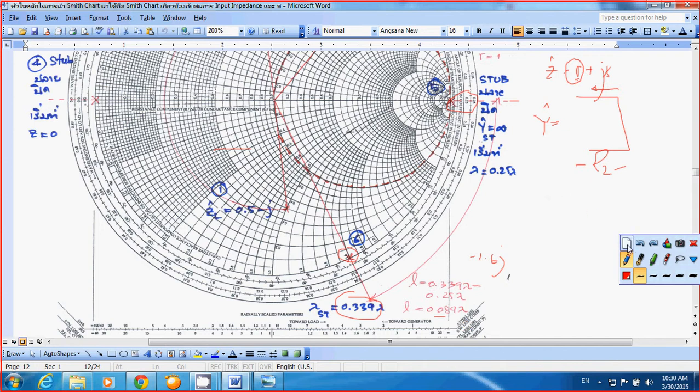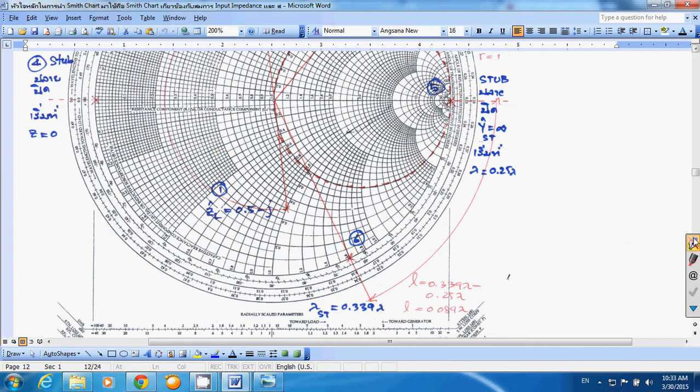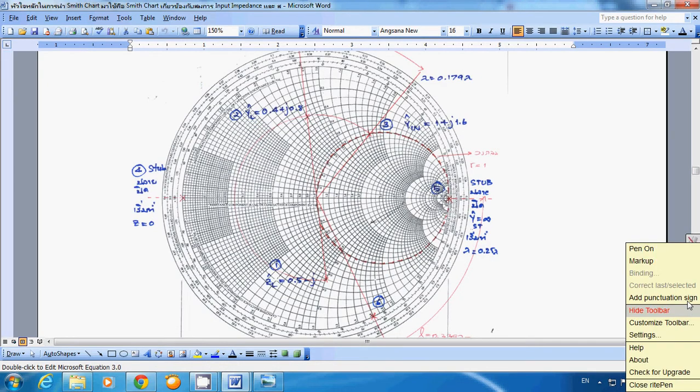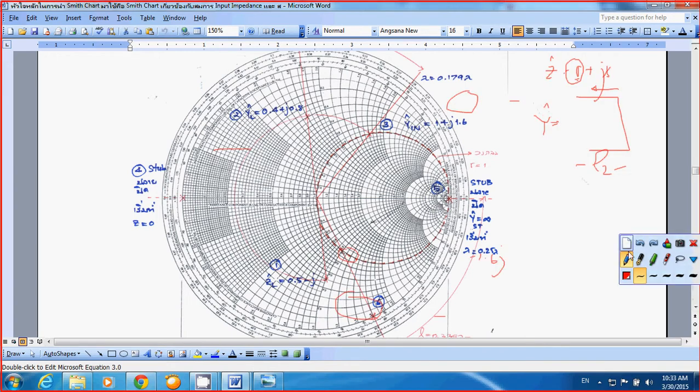So if we draw the whole system here again, you get a solution. First, you have your ZL and you have Z0.